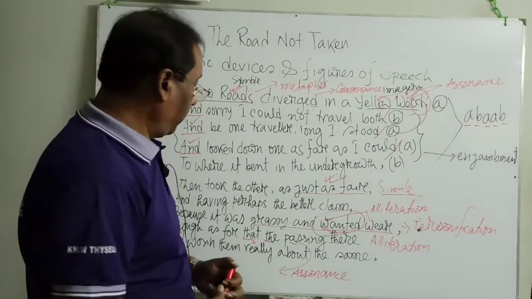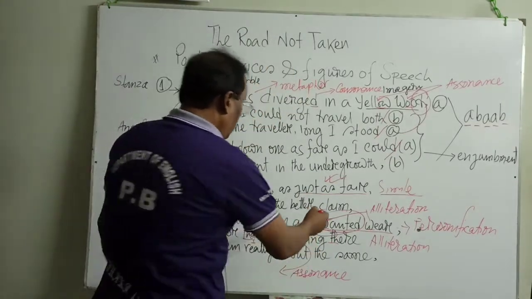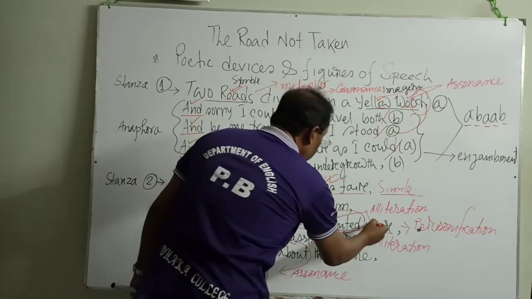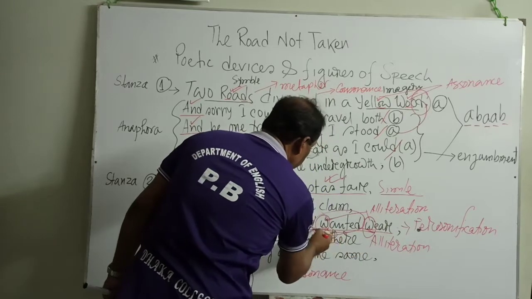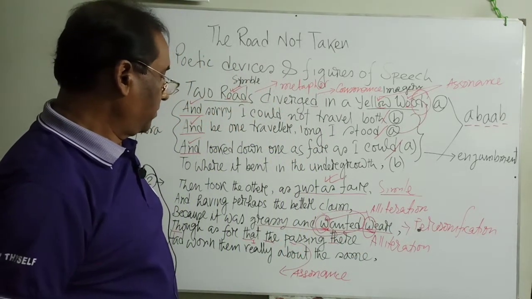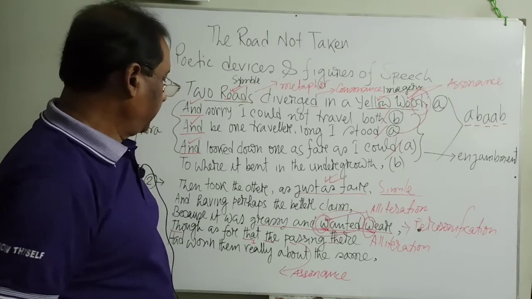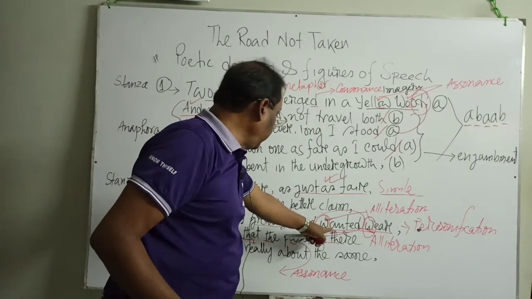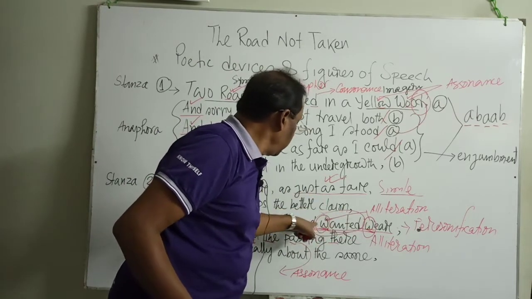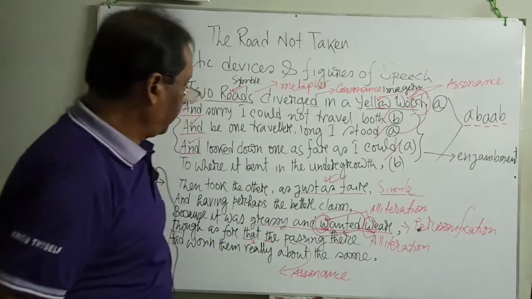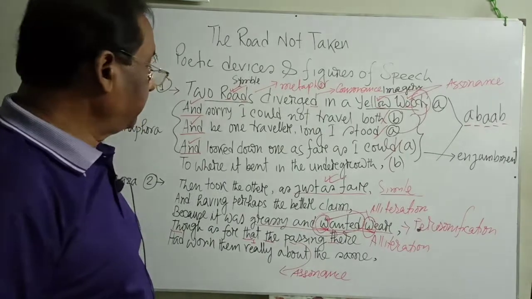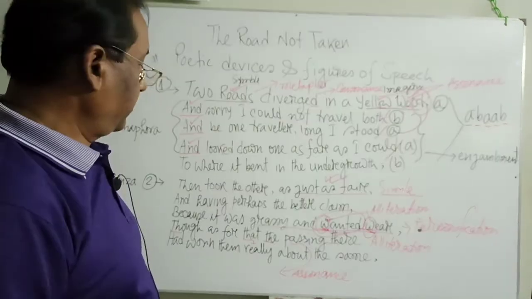As for example, wanted wear: here this consonant sound is repeated at the beginning of two words, wanted and wear. So this is called alliteration. Right?